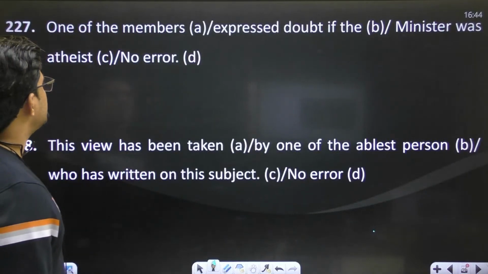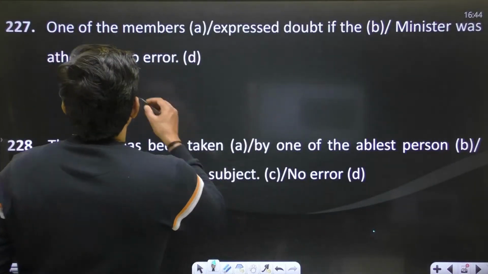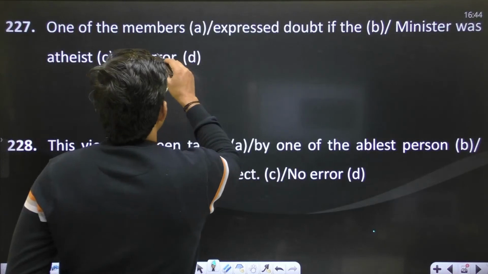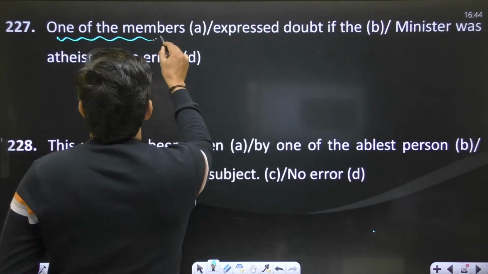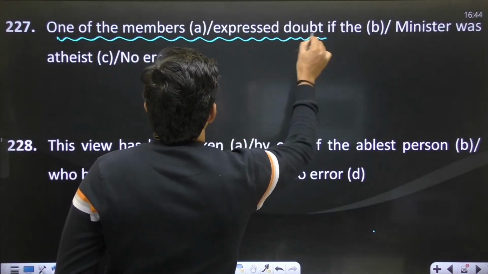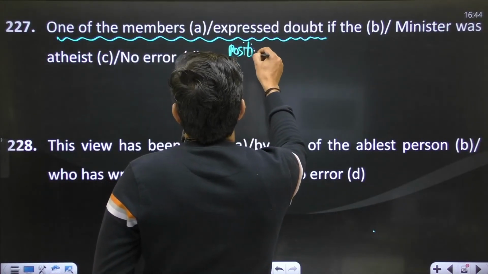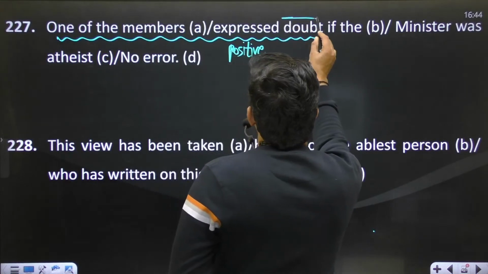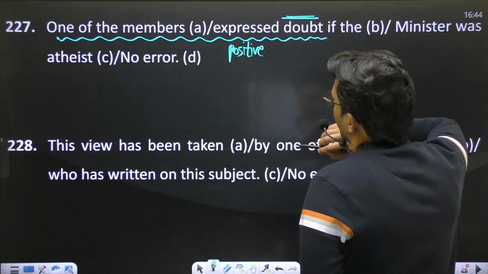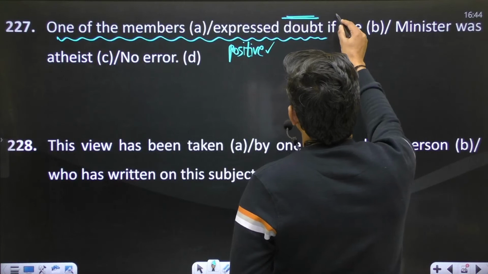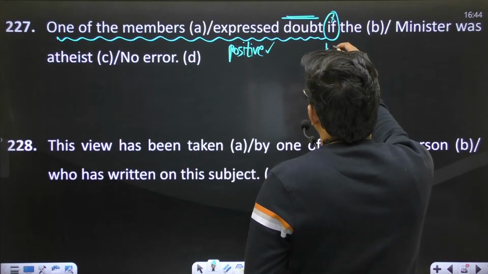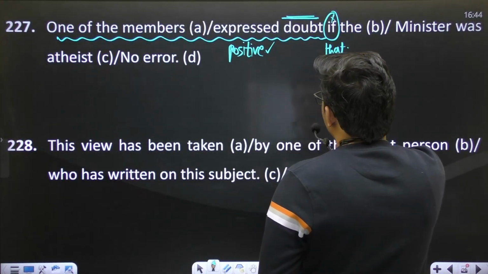In this sentence, if you talk about one of the members expressing doubt, this is a positive sentence. When you get a word like doubt or doubtful in positive sentences, we use the conjunction that in place of if or whether.